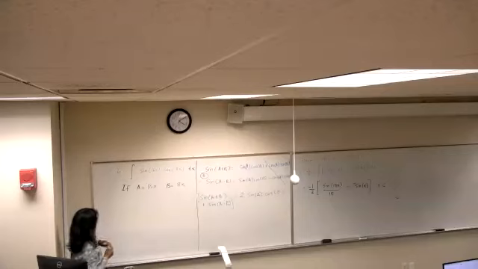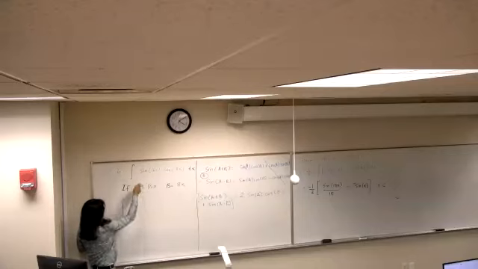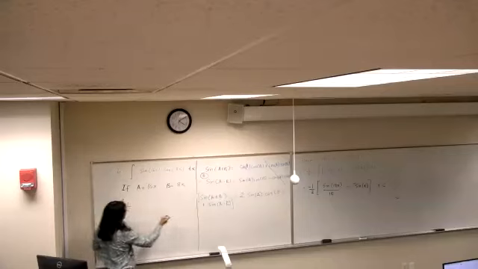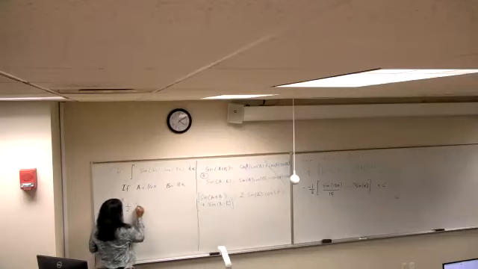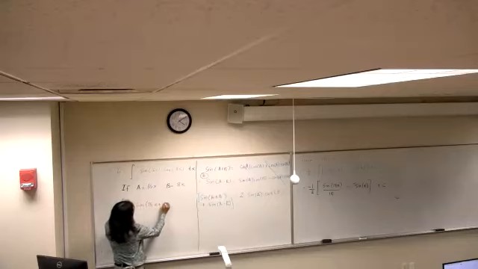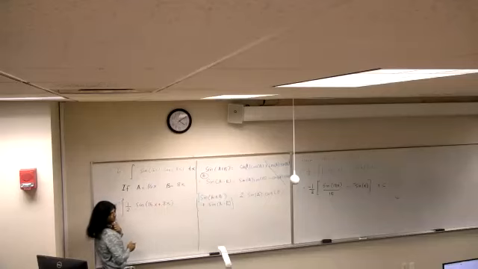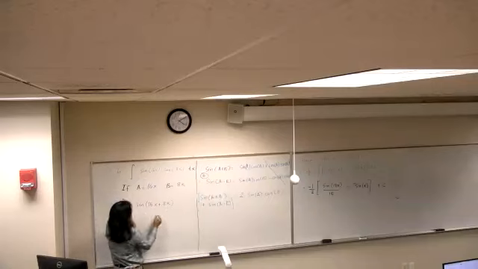So, 1/2 integral of sine 16x plus 8x, added them together, A is 16x, B is 8x.